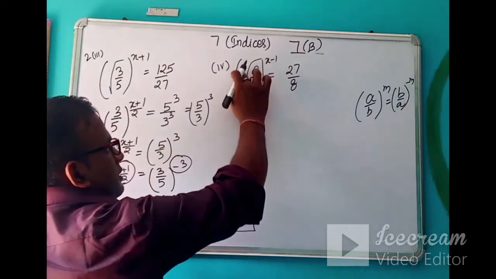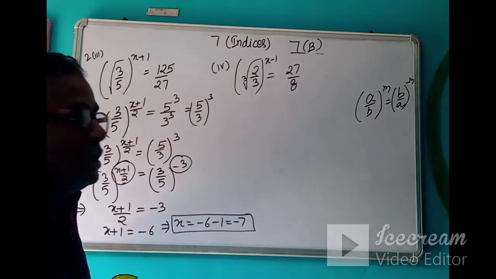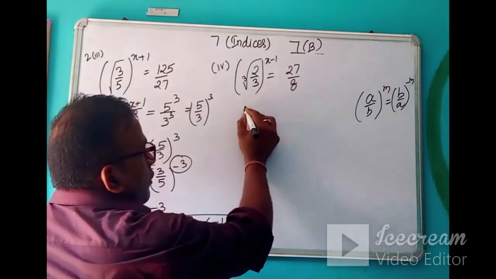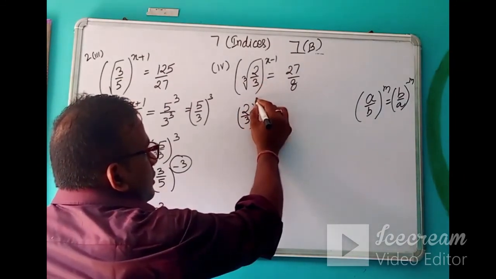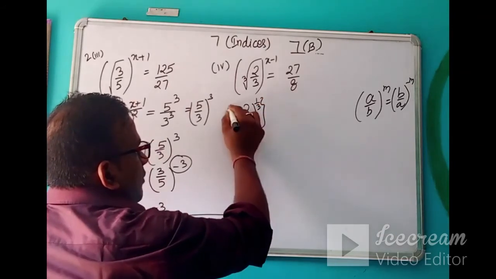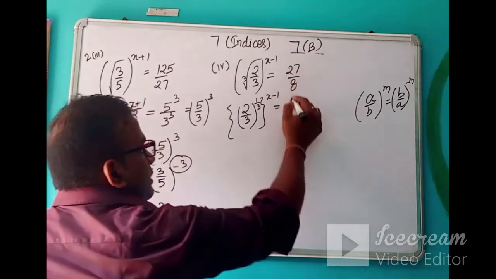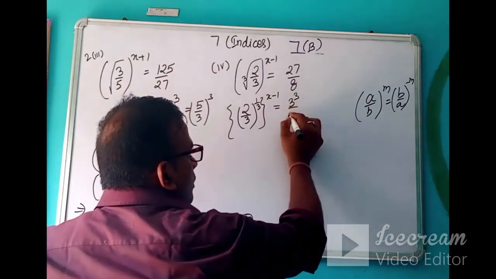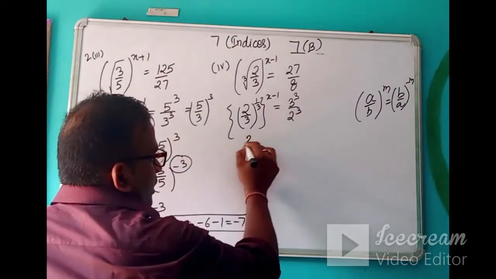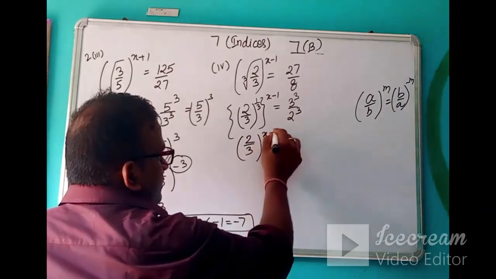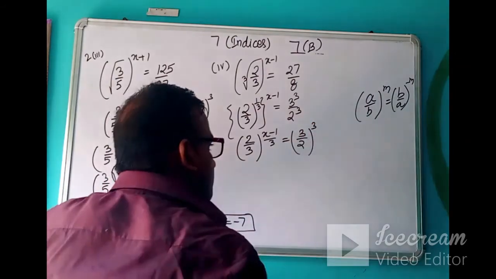Similarly in this, suppose the root sign is there, a number is written there. That means it is the cube root sign. So again how we will remove? 2 upon 3 and this becomes 1 upon 3 to the power x minus 1. Similarly, this we can write as 3 cube upon 2 cube. So these two powers get multiplied. You will get x minus 1 upon 3 is equal to, this we will combine like this.